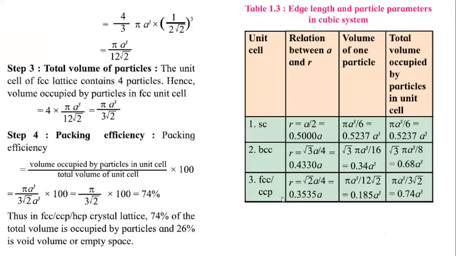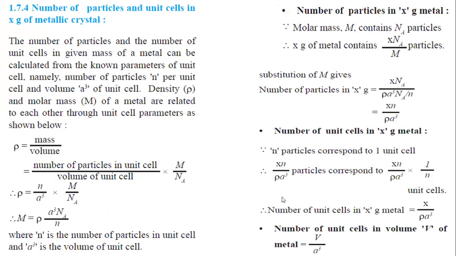Then these are the 2 formulas. Only remember these formulas. If you want to calculate the number of particles, we have to remember this formula: x n divided by rho a cube. This is the formula for calculating the number of particles. And to calculate the number of unit cells, we have to remember this formula: x divided by rho a cube.